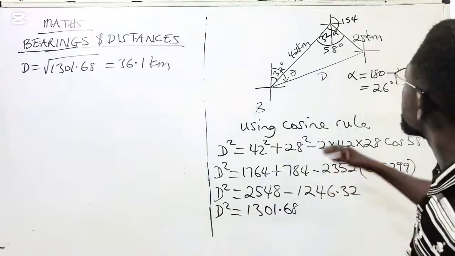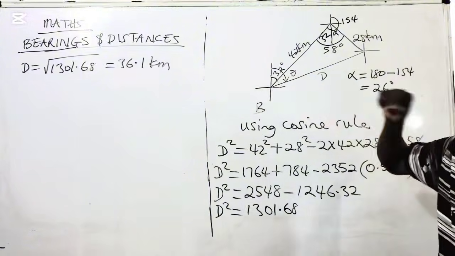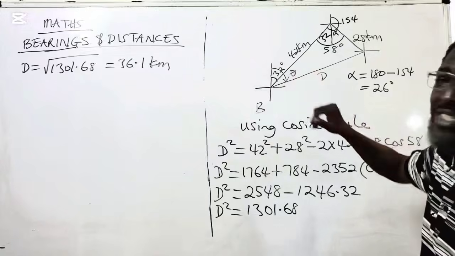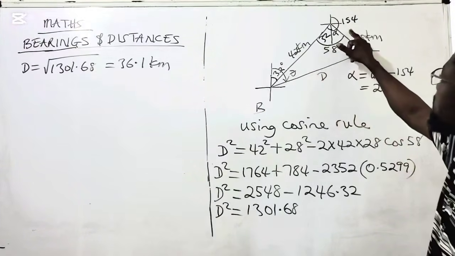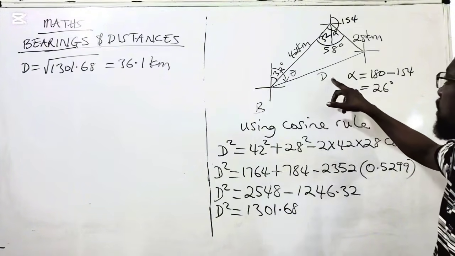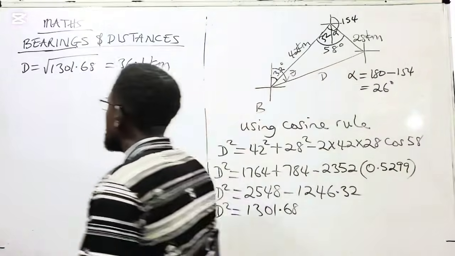So the next thing is the bearing from the base camp. Like I said, to get a bearing from the base camp, you have to get theta first. After getting theta, you add 32 degrees. Now to get theta, I have this side, I don't have this angle, I have this angle, and I have this side. So I will use the sine rule.